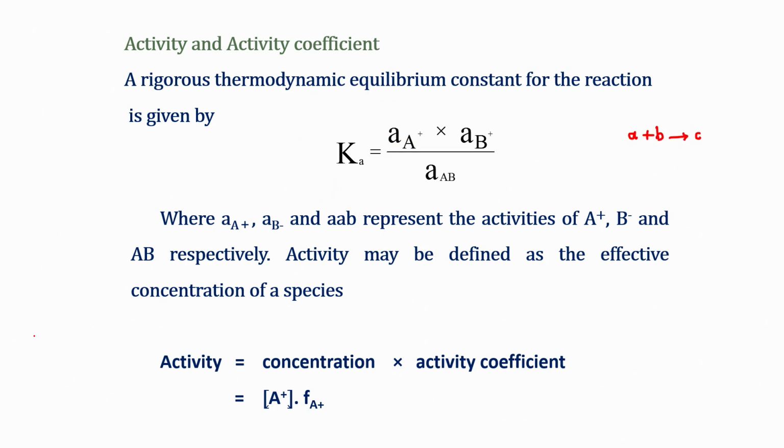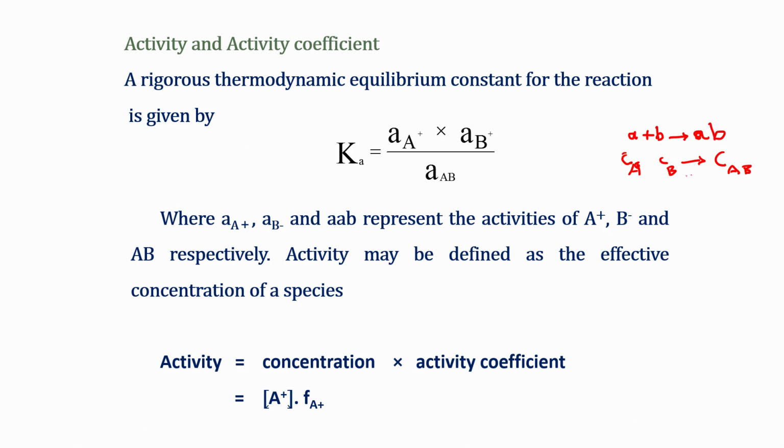So, here we are going to write an equation like A plus B going to C. So, instead of concentration of Ca and Cb, I have got Cab. Here it is AB.